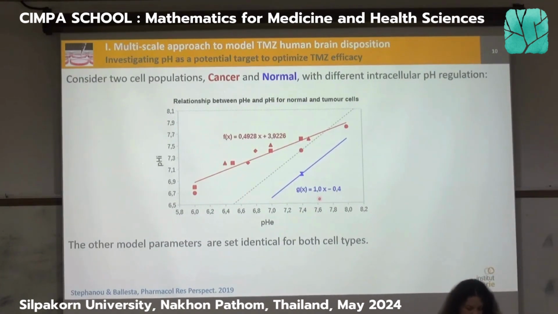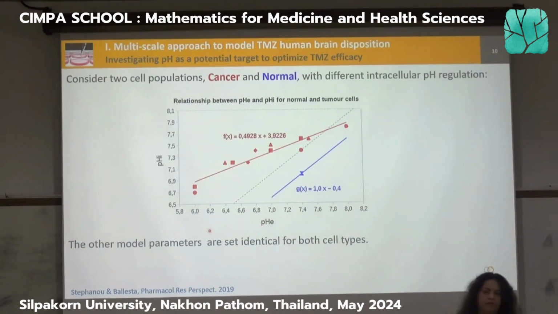So basically, if you go in the acidic part here, if you imagine this line, I have not even drawn it because the normal cells would die around here, because the cell cannot survive with a pH that is below 6.